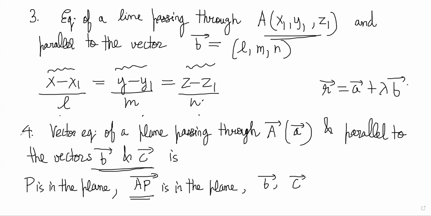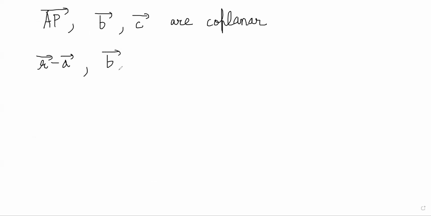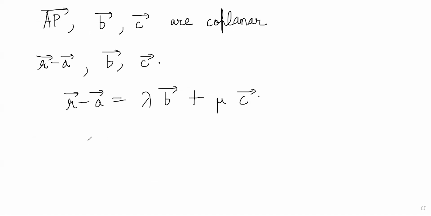So what we can see is that the segments AP, B and C are coplanar, and AP will be R minus A, and B and C are given. So we can say that R minus A can be written as lambda B plus mu C because they are coplanar. So we get R is equal to A plus lambda B plus mu C.